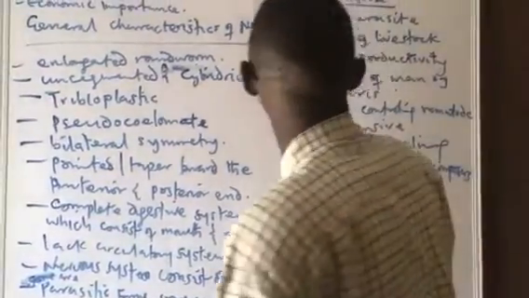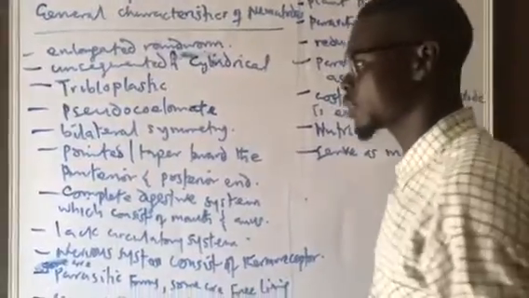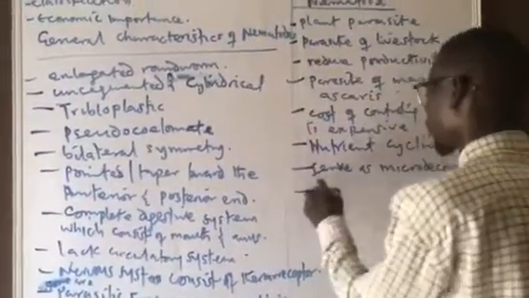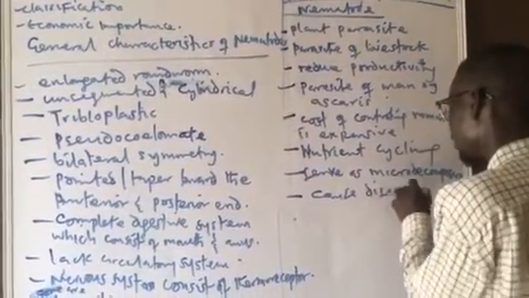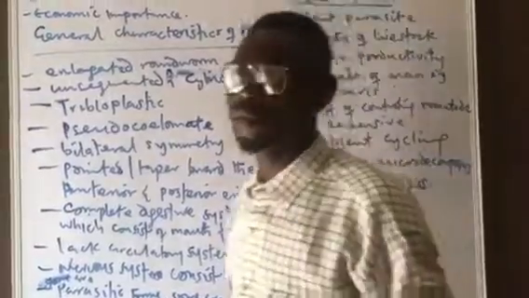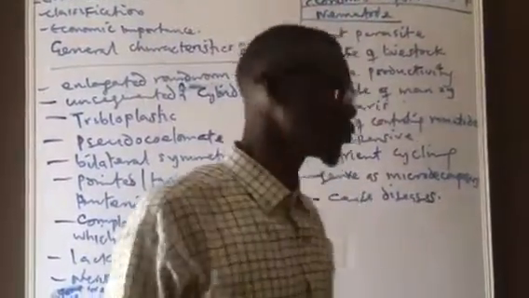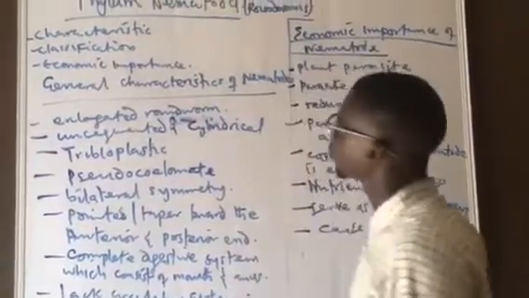Those are the economic importance. They cause diseases. The parasites can be used in the study of parasitology. They can be used in research. So those are the economic importance of nematode.